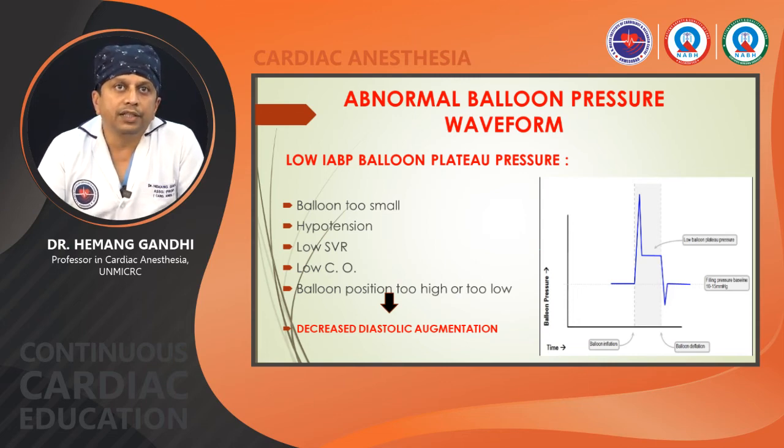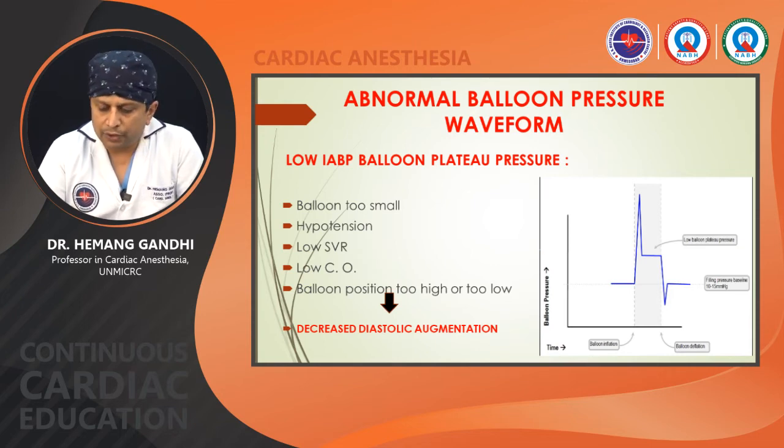But when the plateau pressure is low or high, there are some issues. A low IABP balloon plateau pressure is due to the balloon being too small for that patient, or hypotension, low SVR, low cardiac output, or the balloon position being too high or too low. Then we will get a plateau pressure lower than normal, and this leads to decreased diastolic augmentation.